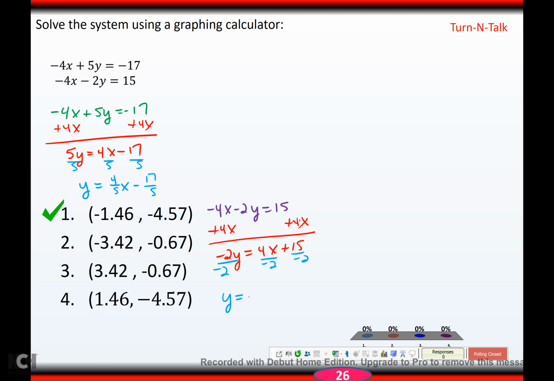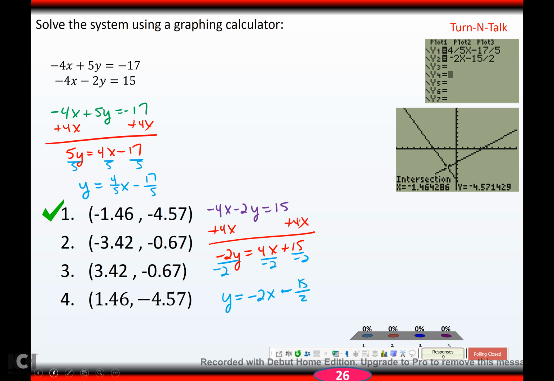I get y equals negative 2x minus 15 halves. So I type those in, 4/5 x minus 17/5 and negative 2x minus 15 halves. Hit graph, calculate intersection, and it's negative 1.46 if I round, and negative 4.57 if I round.